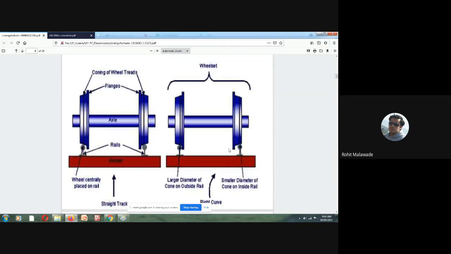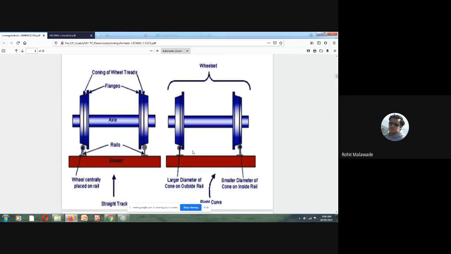Now, when it is going to have the right curve, what is going to happen? If we are going to move like this, here the larger diameter will come on the outside rail, and here it is going to have the smaller diameter.